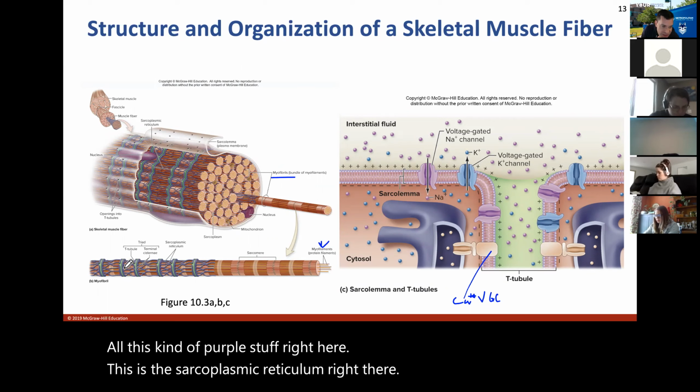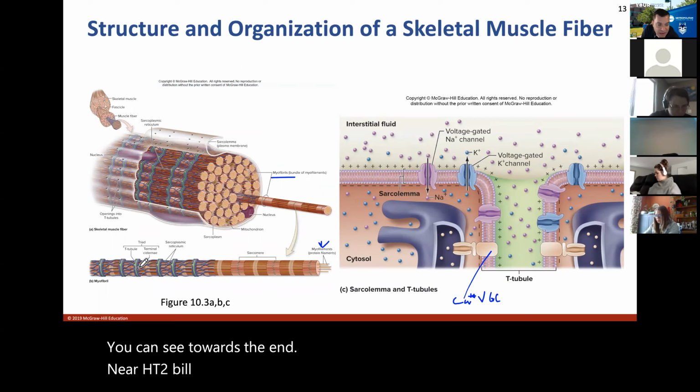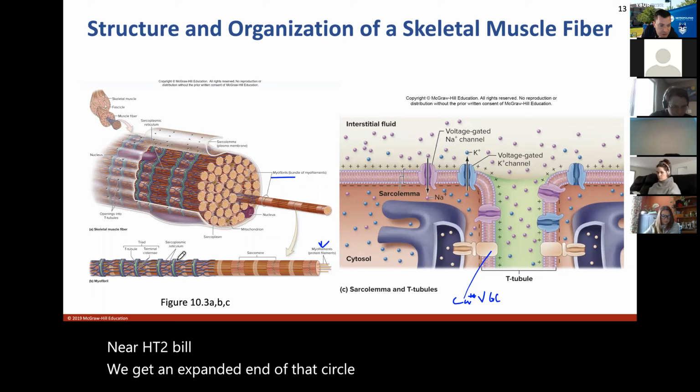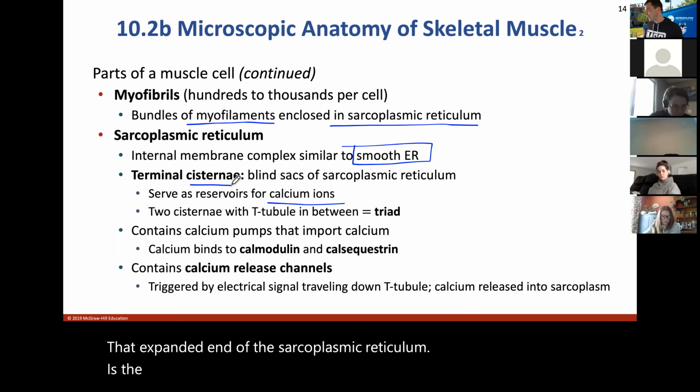You can see towards the end, near each T tubule, we get an expanded end of that sarcoplasmic reticulum. That expanded end of the sarcoplasmic reticulum is the cisternae. And it's at the end, so they give the moniker terminal cisternae.